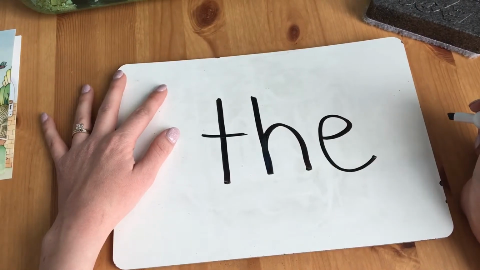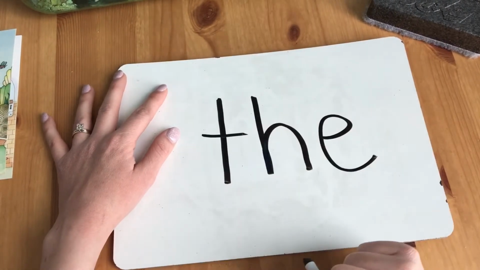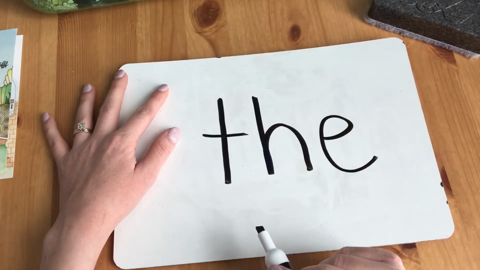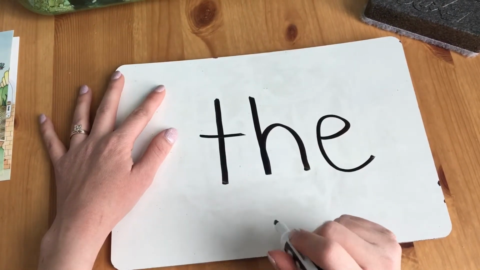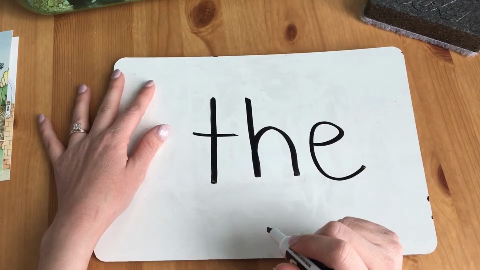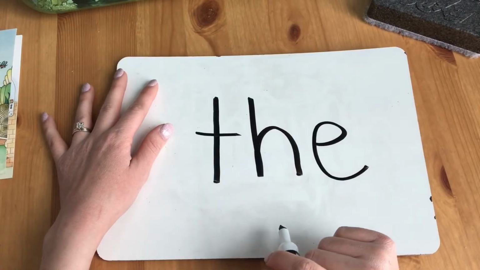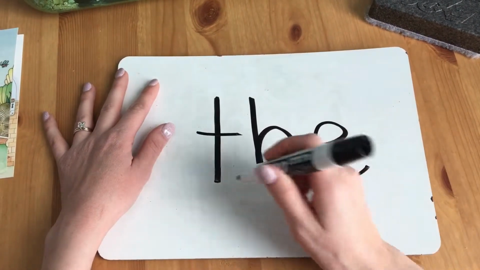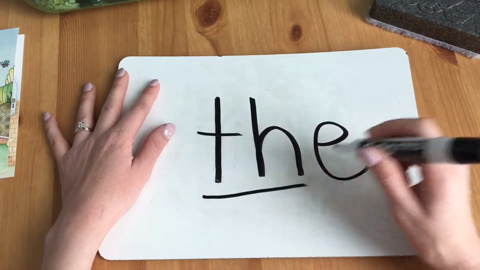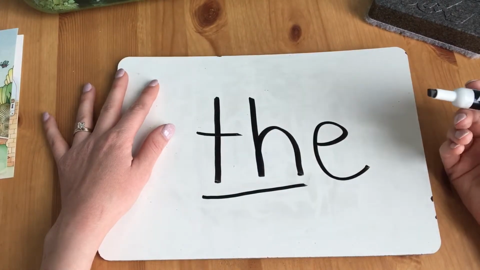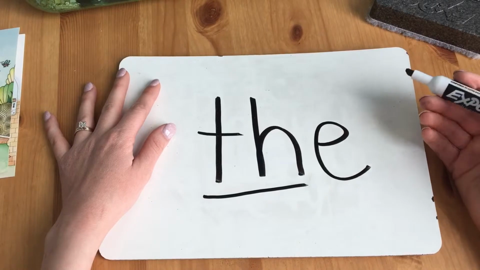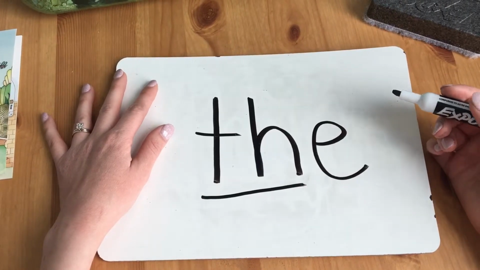Now, one thing I can notice about the word the is that it actually has the letters TH, which is a digraph. And anytime we stumble upon the word, or really any word that has TH in it, we can underline it and know that it's going to make the sound th. The.